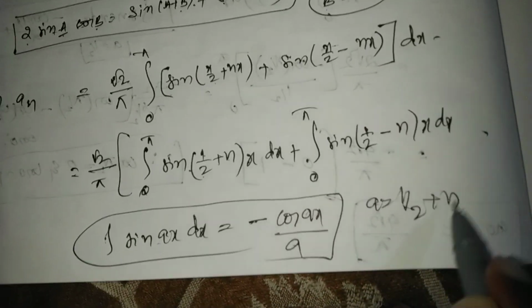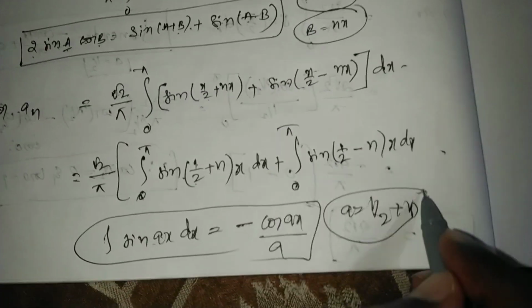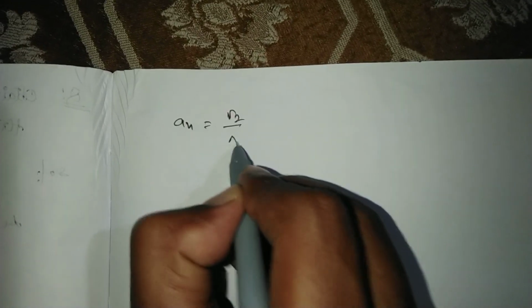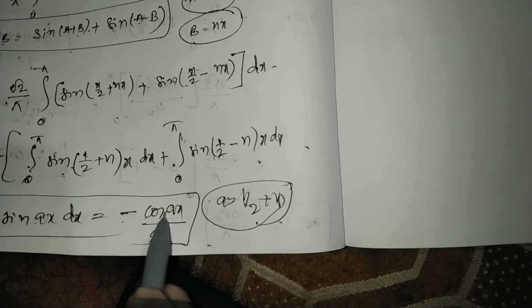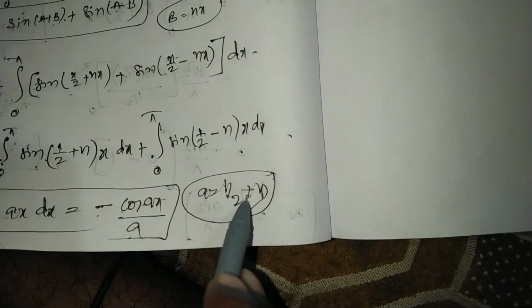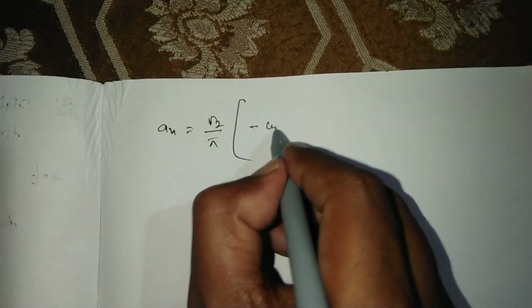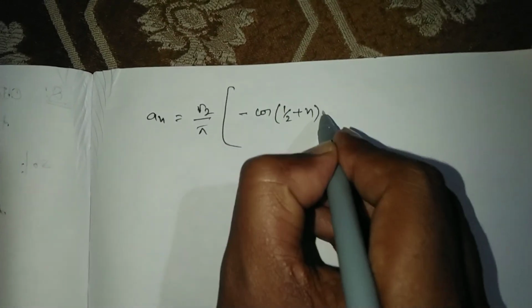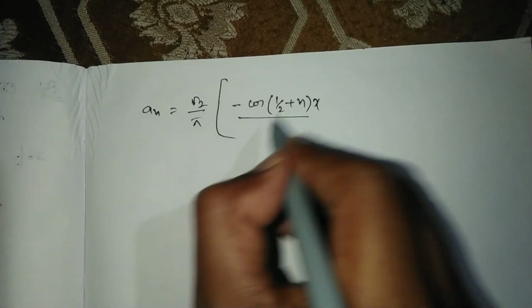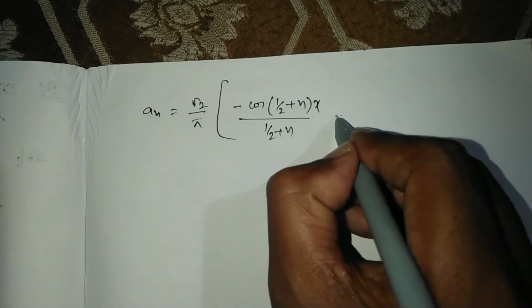Substitute: aₙ is equal to √2/π times the integral, which is −cos((1/2 + n)x) divided by (1/2 + n), plus again the second one.